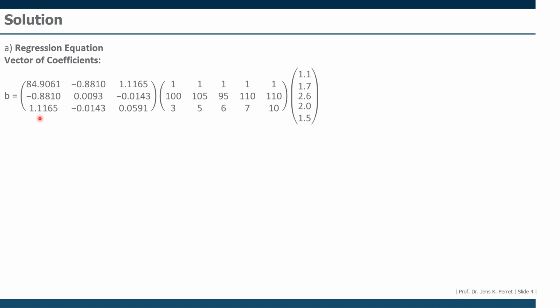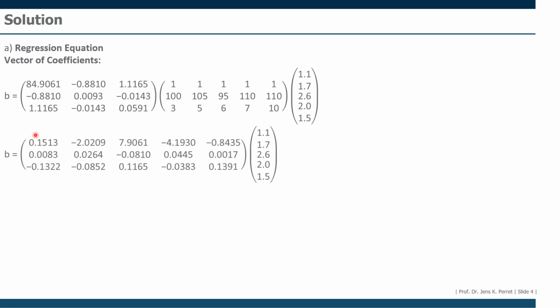So here, that's x transpose x, the inverse thereof, times matrix x, times the vector for y. I multiply those two matrices, giving me this sub-result, and then multiply this with the vector y, giving me 3 values.